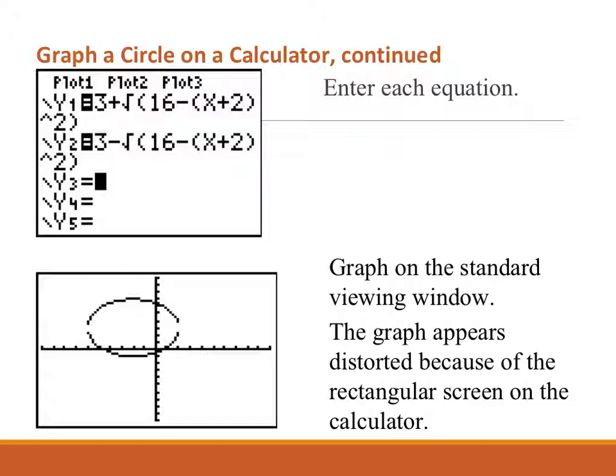So on your calculator you have a Y equals key, and when you press it you'll get Y1, Y2, Y3, Y4, Y5, and so forth. So you will move your arrow key to Y1 and type in 3 plus the square root symbol, parentheses comes up, and you'll put 16 minus, parentheses x minus 2 parentheses closed, and hit enter.